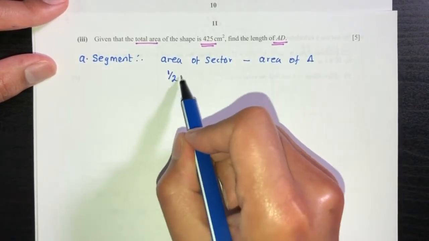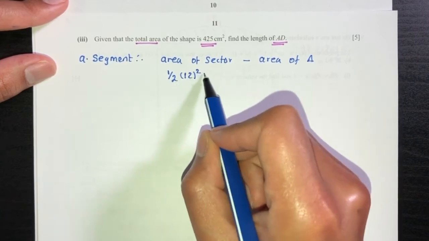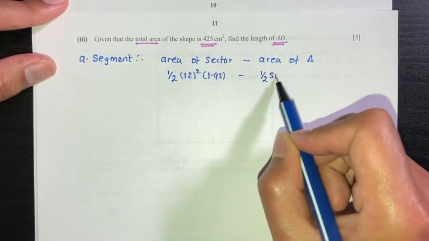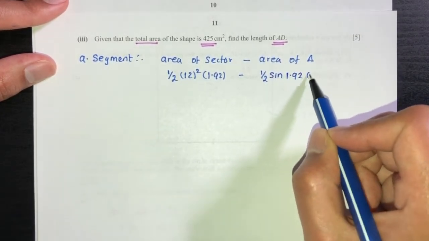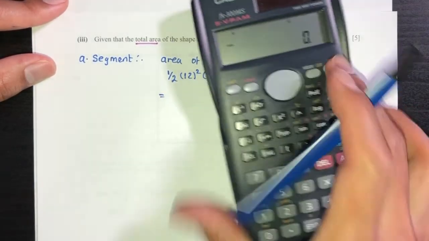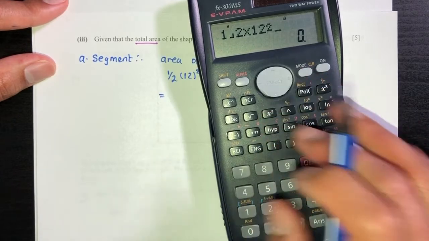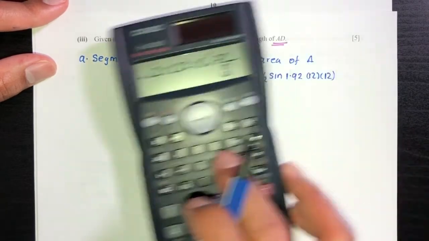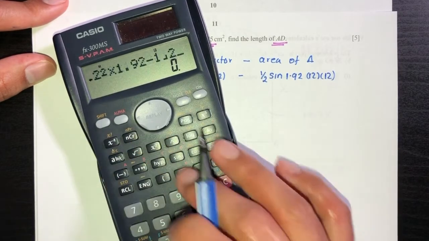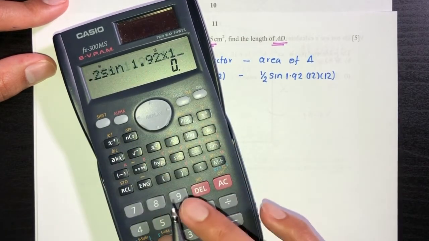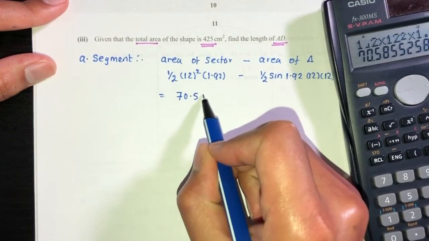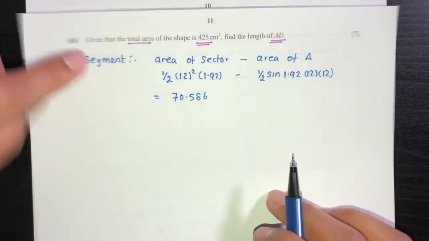Sector is half r square, which is 12 square, times the angle 1.92, minus triangle, half sine of the angle times the two sides, 12 times 12. What value does that give? Half of 12 square times 1.92, then minus half sine of the angle times 12 times 12. That should give you 70.586 for the area of segment.